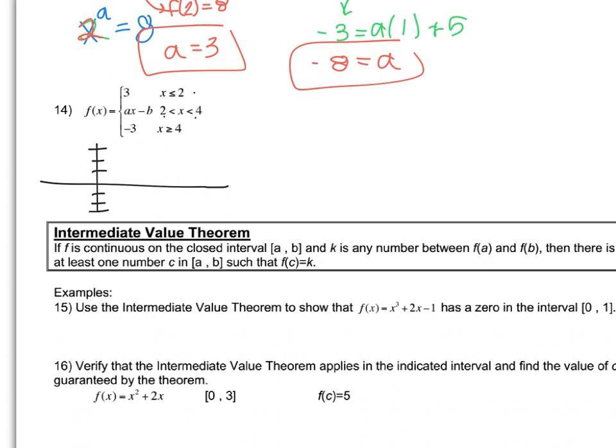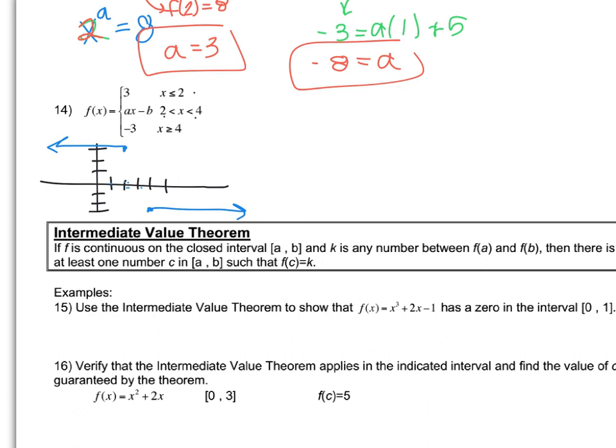So that means, if I'm doing a quick sketch here, we've got a horizontal line at 3 up to 2. So x is 2, y is 3. We've got that. At 4, 1, 2, 3, 4, we pick up again at negative 3.